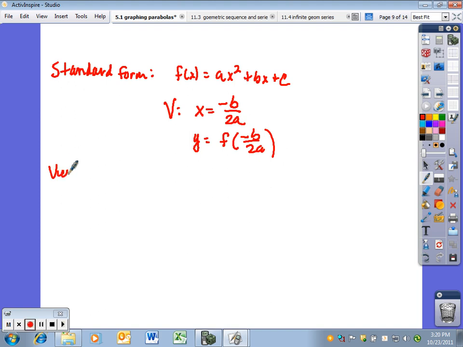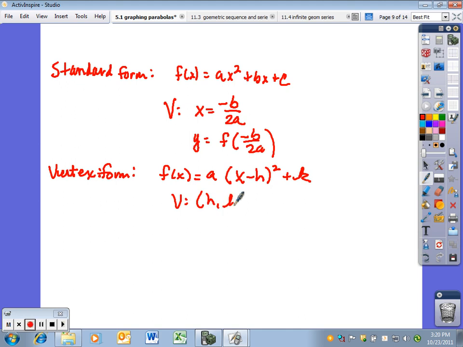In vertex form, f of x equals a times the quantity x minus h squared plus k, and the vertex is (h, k).